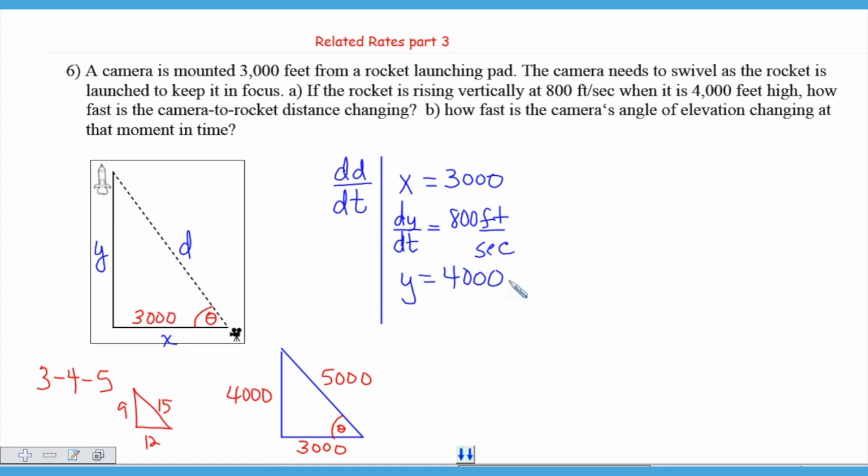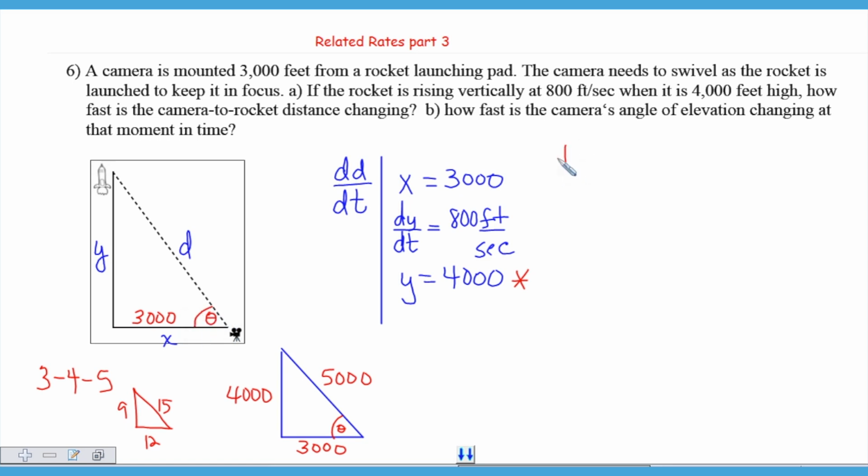I cannot use the 4,000 because it is instantaneous information. I can only use that piece after the implicit differentiation, but I can use the 3,000 in the setup because it never changes. So I know dy dt, and I know something about x. What relationship relates y and x to the angle theta? That's going to be tangent.